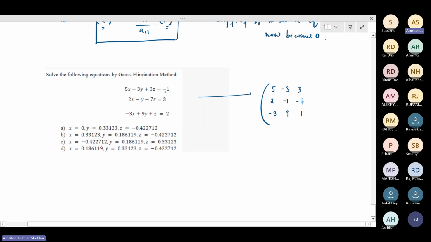And the right hand side you can write this way: minus 1, 3.